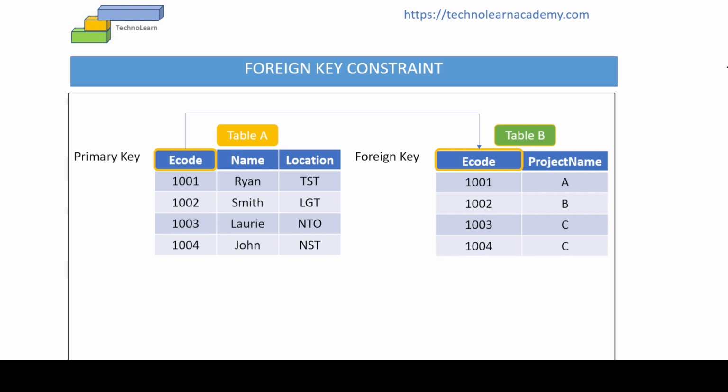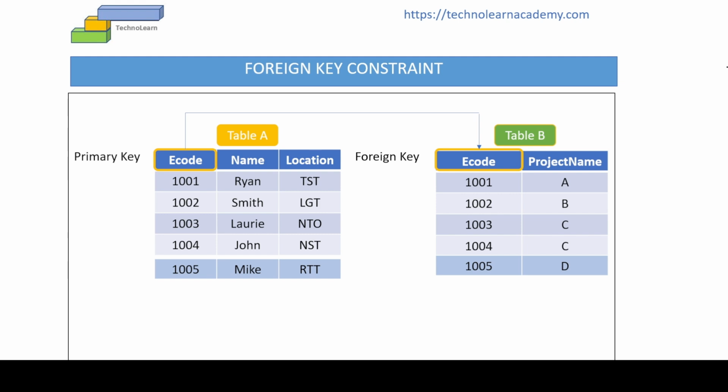So what we have to do is insert a new record, which is 105, in table A first. And once this record is inserted in table A and is being referred by the E code of table B, now we can insert this record in table B. So this is how the primary key and the foreign key concept work. This is how the parent and the child table work.